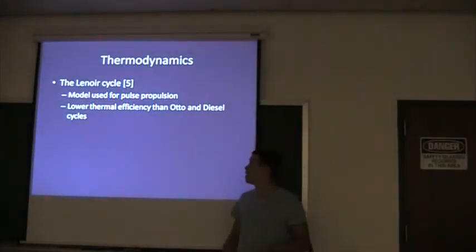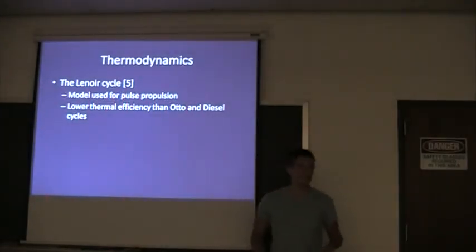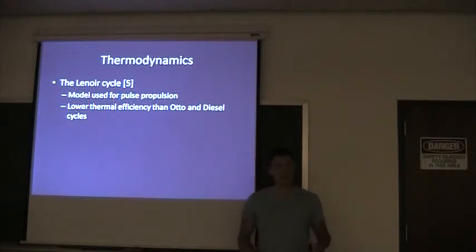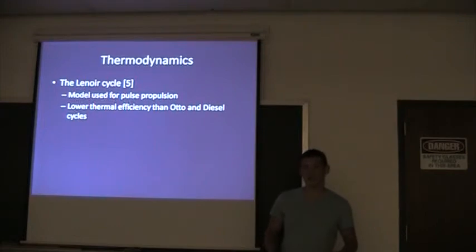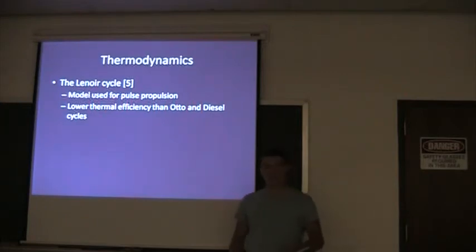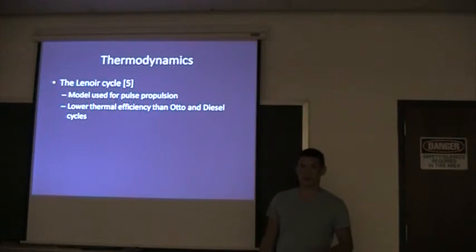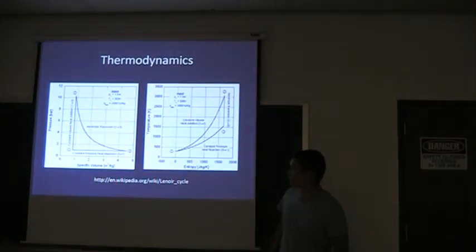All right, for thermodynamics, the process, it's related to the Otto cycle. It's much less known than the Lenoir cycle. It's just what's used for pulse propulsion. It has lower efficiencies than the Otto and diesel cycles. Here's the graph.